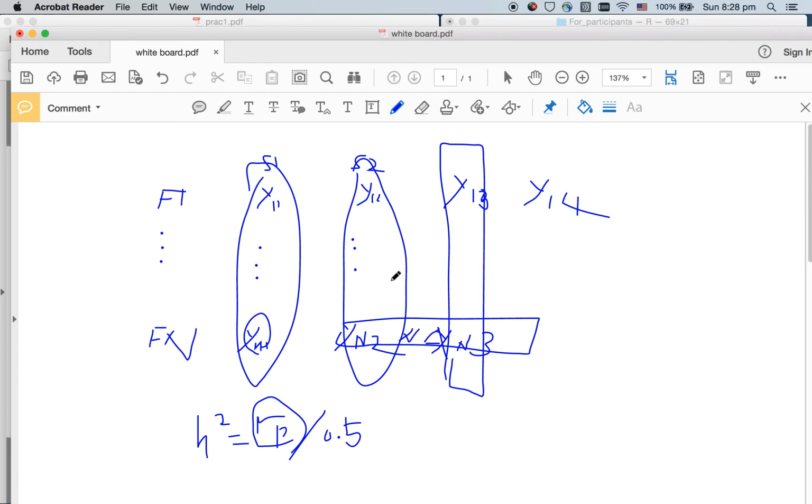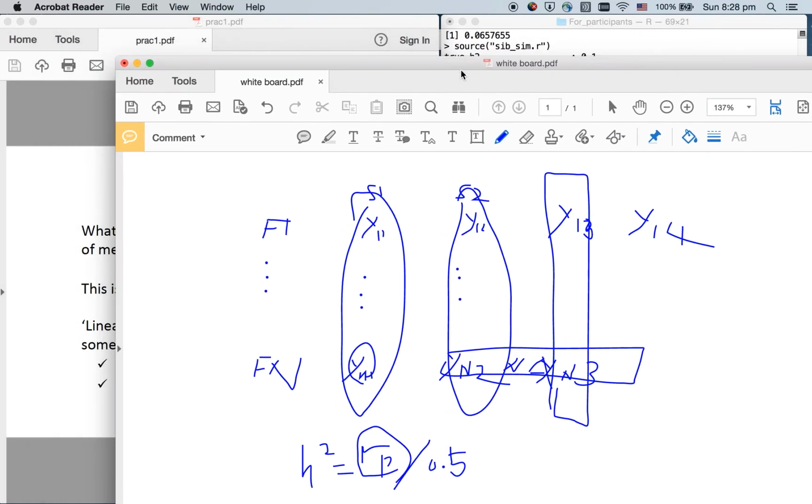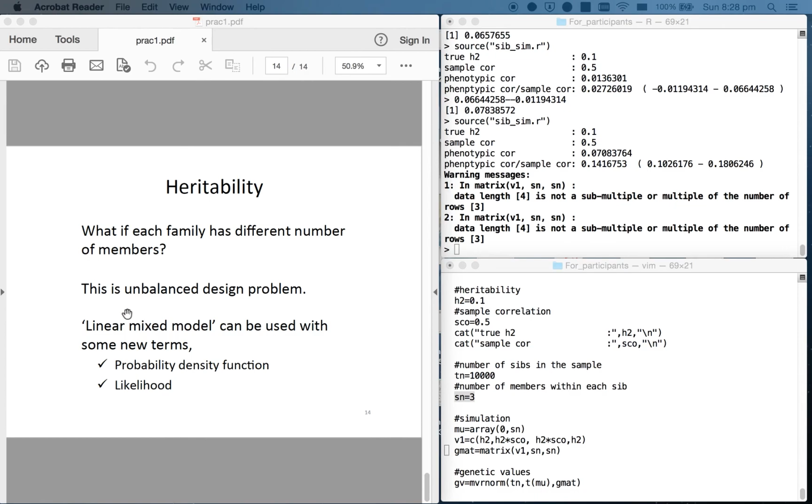So in this case, where the number of members in one family is a lot more than 2, then what can you do? Also, in a more complicated situation, probably there is a complex pedigree. Then what can you do? That is the question in the general case.